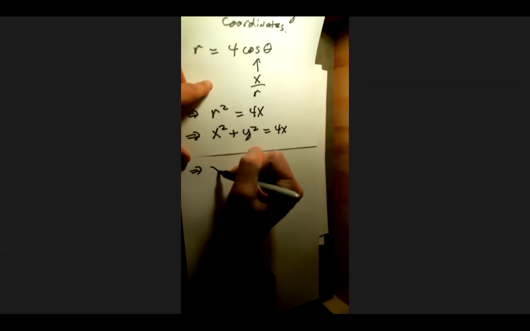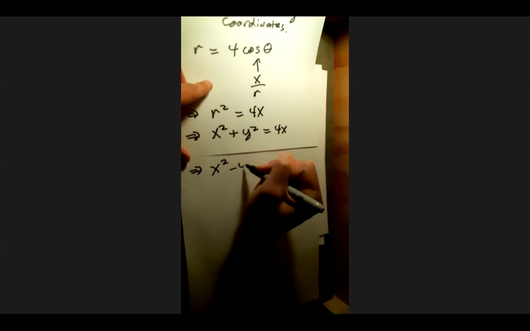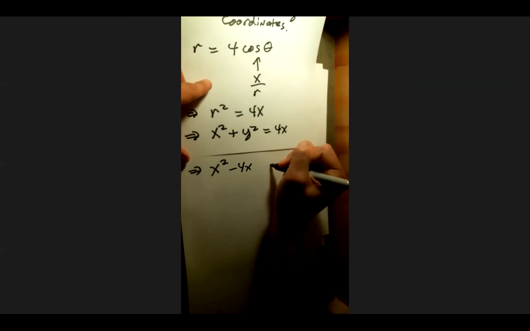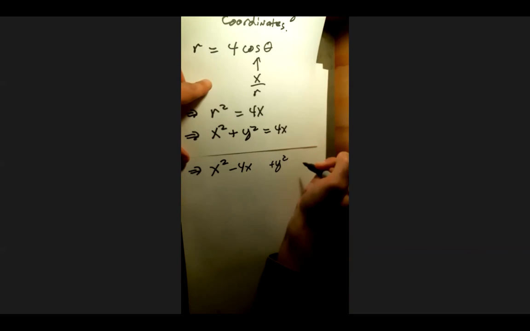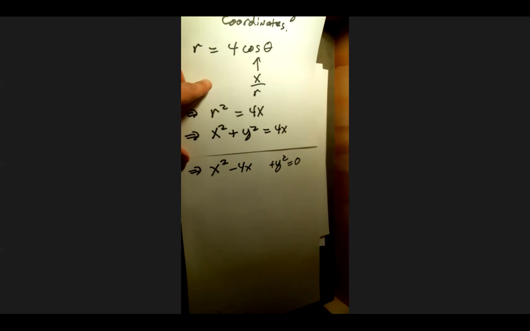Moving everything to one side, we have x squared minus 4x plus y squared equals 0.